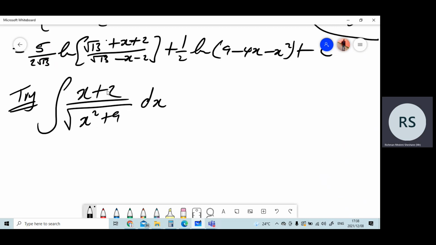I said if you have a linear over square root of a quadratic, you split this problem in terms of two terms, where the first term uses maths 1 standard integral, this one.